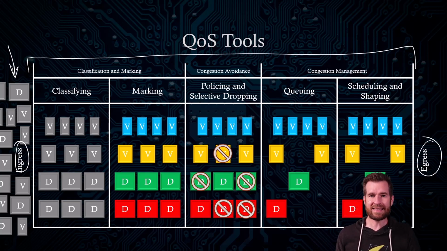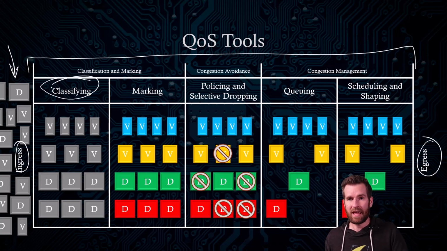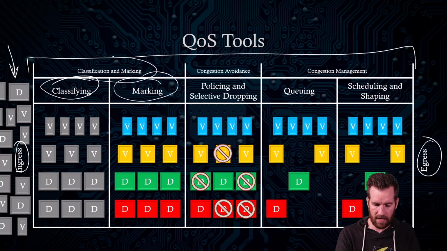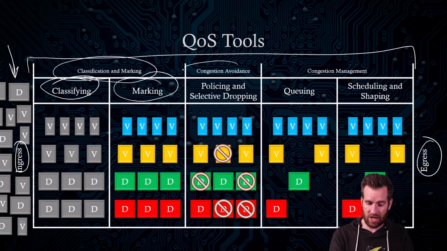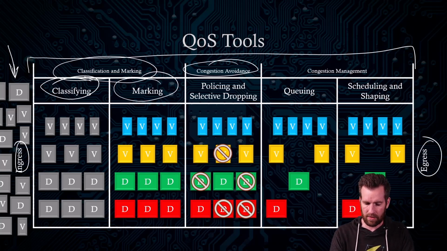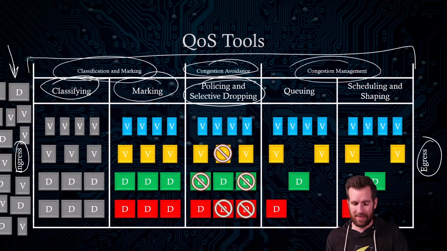And so what needs to happen is there's a classification that happens here. And then possibly we do some sort of marking of that. So this is the classification and marking area right here. Then we get into congestion avoidance, where we're going to avoid congestion, and we do that through policing and selective dropping. And then we get into congestion management, and that's where we talk about queuing, and we'll talk about scheduling and shaping.